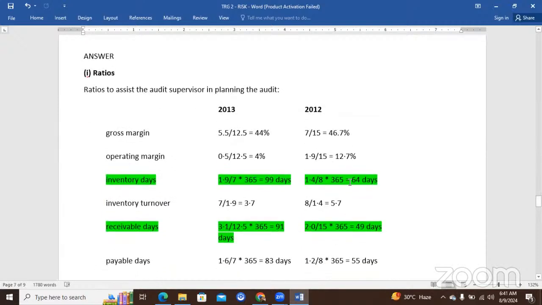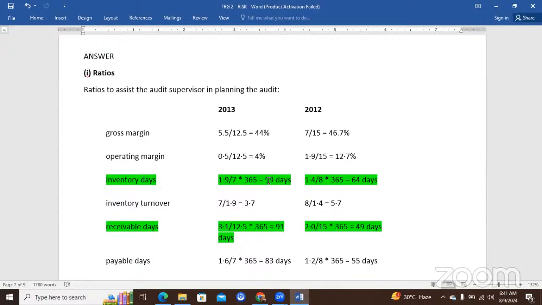See, inventory days were 64 days. Now it has become 99 days. So when my inventory days are increasing from 64 days to 99 days, it shows an NRV issue. My net realizable value might be lesser than cost.